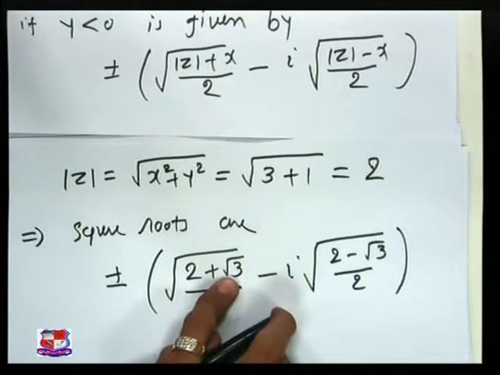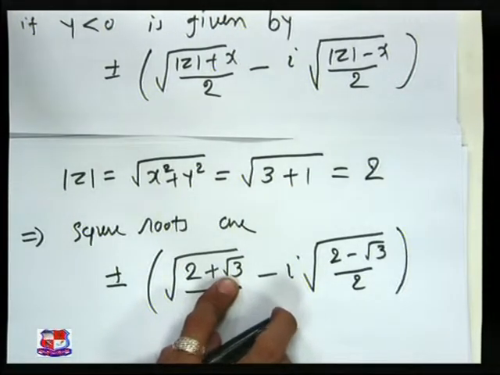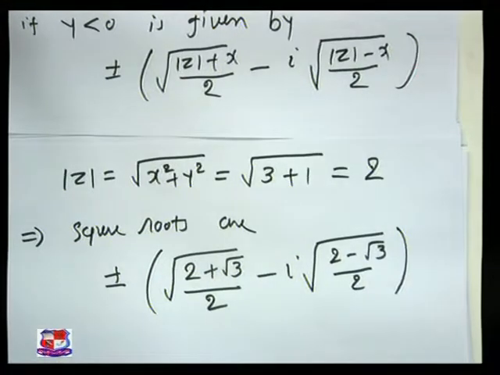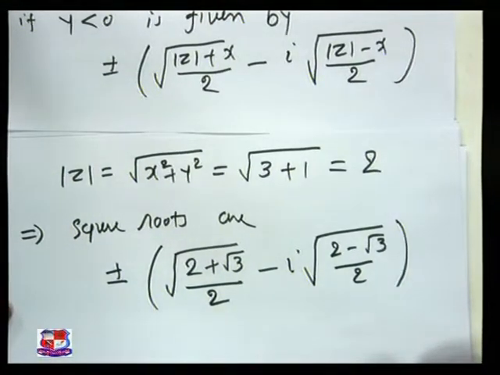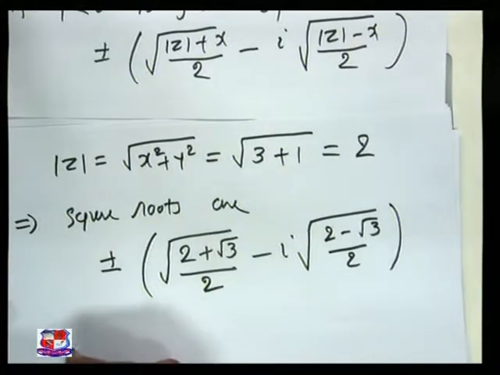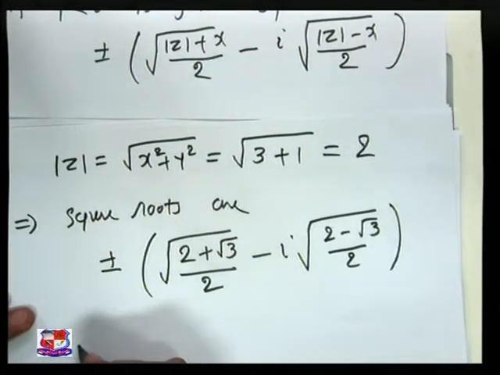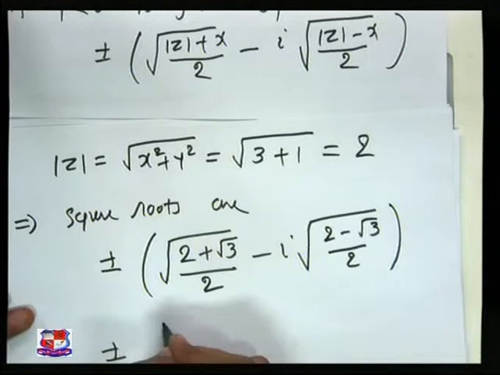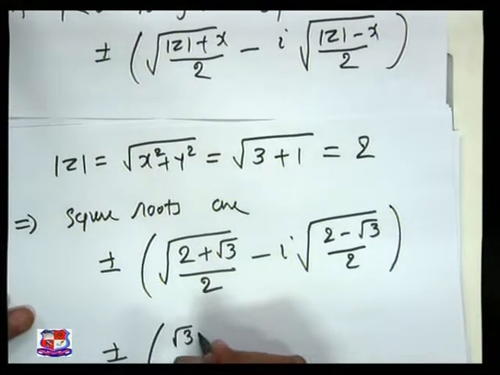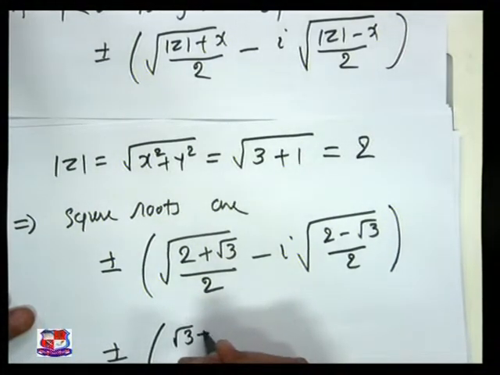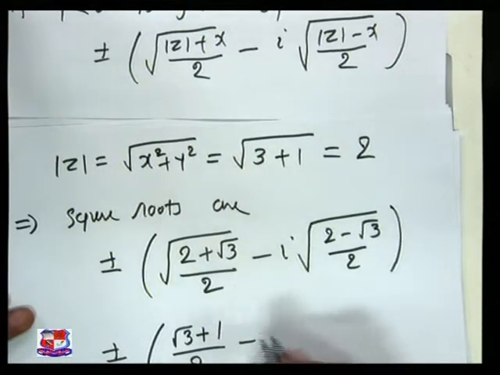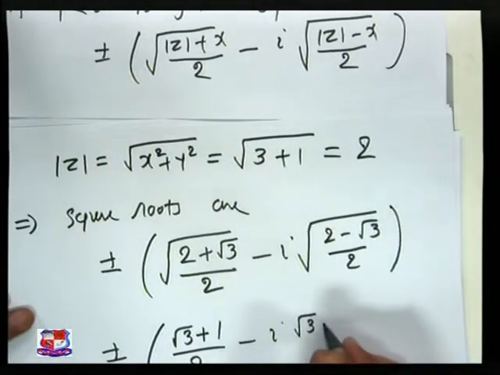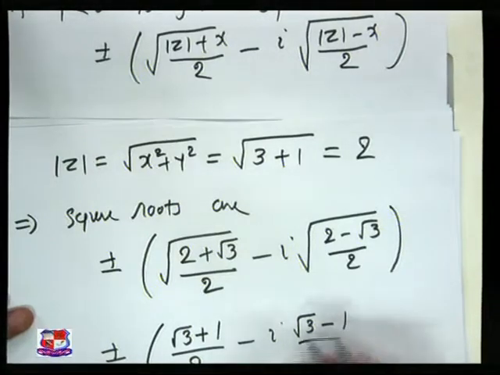After all, we will get the answer: the square root is given by plus or minus root of (3 plus 1) divided by 2 minus i root of (3 minus 1) divided by 2.